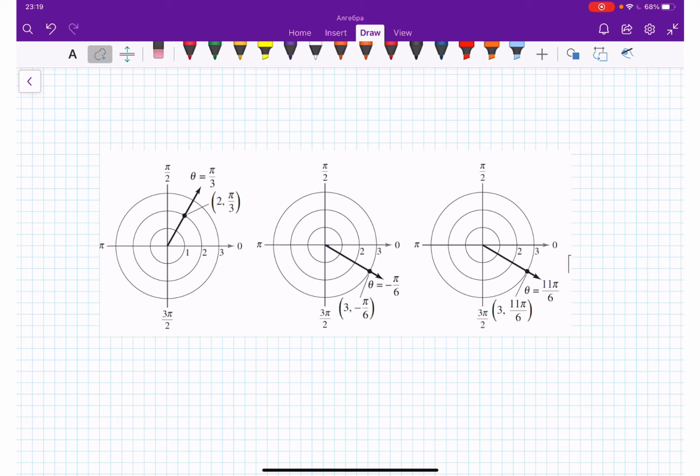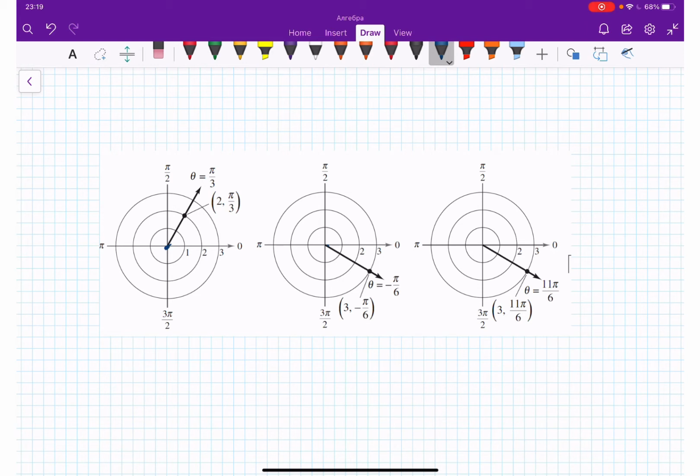This picture shows 3 points on the polar coordinate system. As you noticed, in this system it is convenient to locate points with respect to a grid of concentric circles intersected by radial lines through the pole, right? Through the pole.